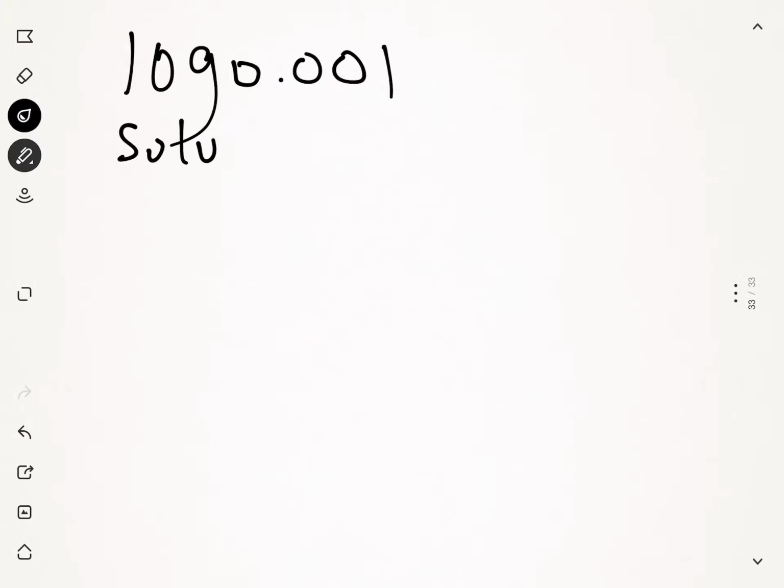Let's look at another one. Log of 0.001. First thing, to begin, I'll put solution here.